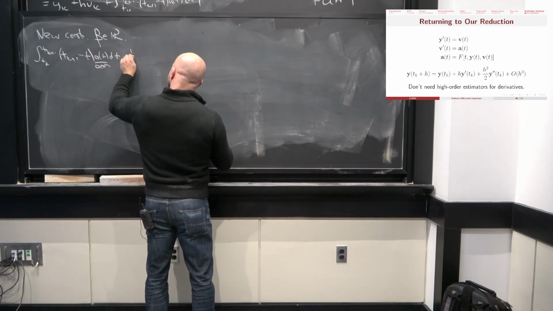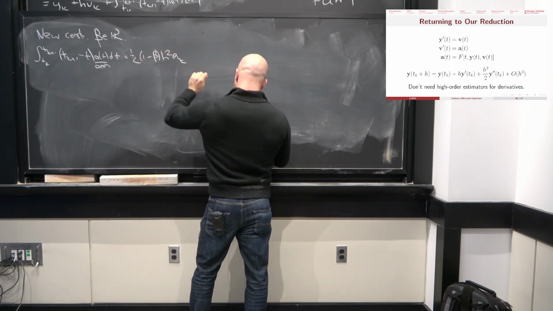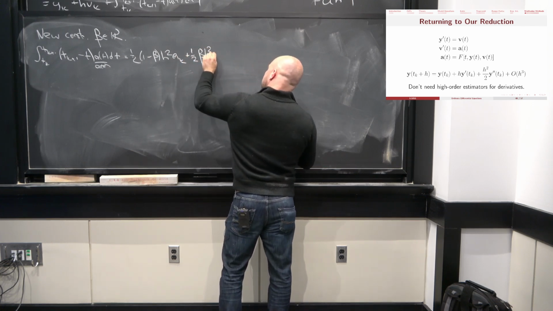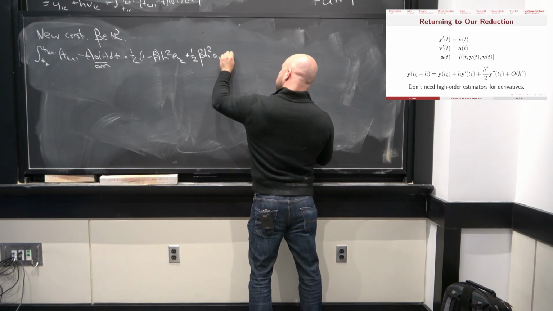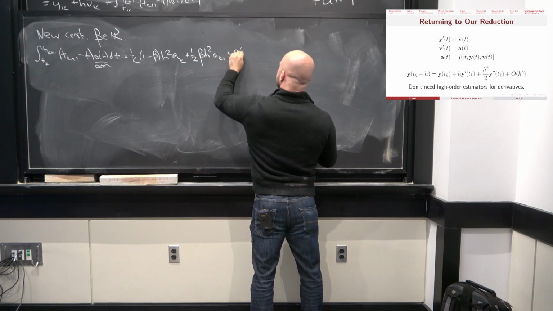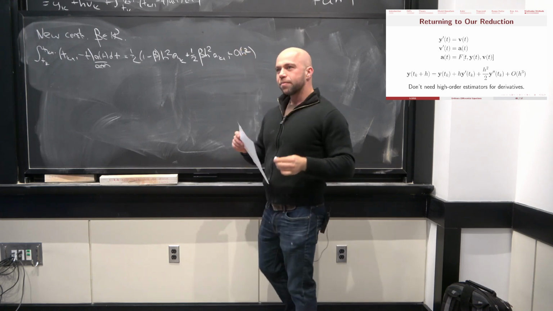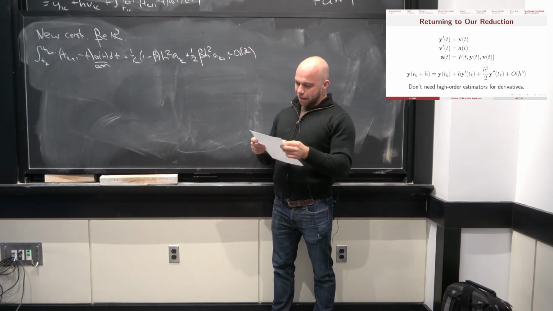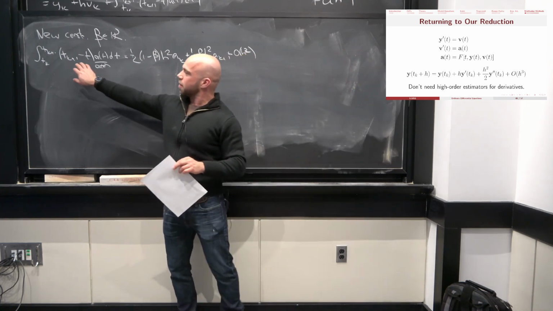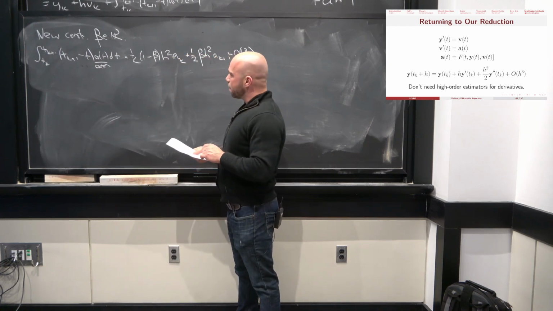And what we're going to get is that this is 1/2 times 1 minus beta h squared ak plus 1/2 beta h squared ak plus 1 plus order h cubed, I think that's actually a cubed, sorry. And so the basic point here, notice that you have these h squareds. That kind of makes sense because this whole thing is multiplied by a t here, so you kind of expect something like that. Okay.